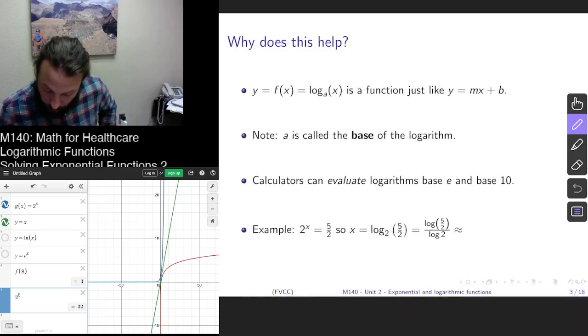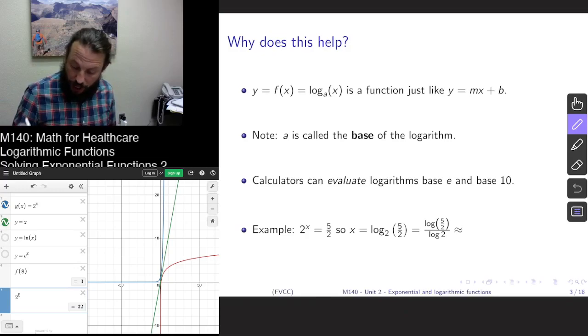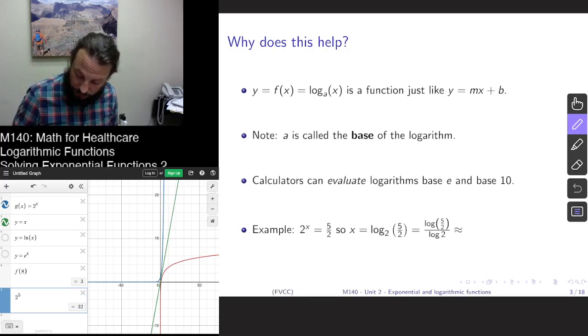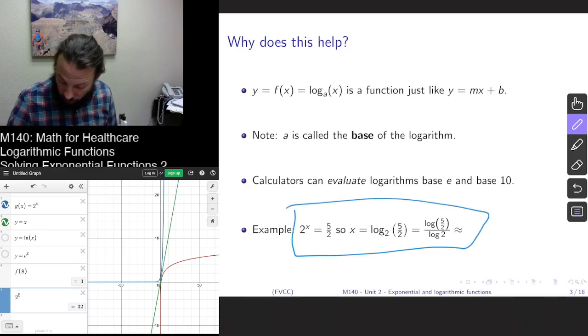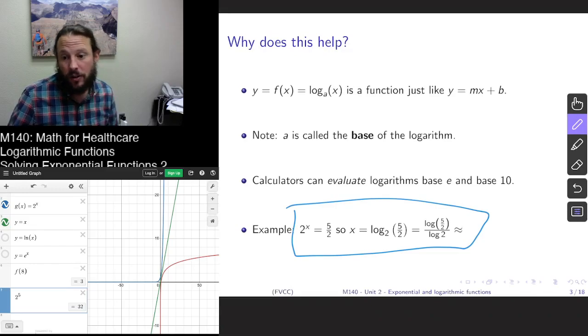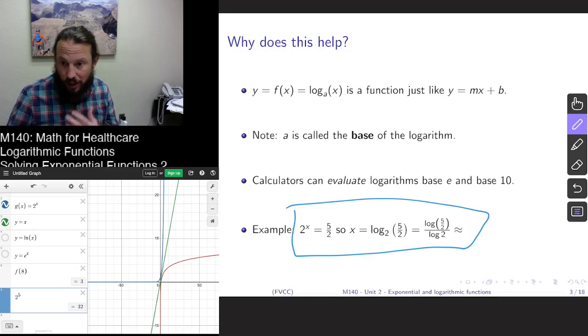Okay, so again, the change of base formula is really just a way to evaluate this. 2 to the x equals 5 over 2, or log base 2 of 5 halves. Well, that's the log of 5 halves divided by log 2.